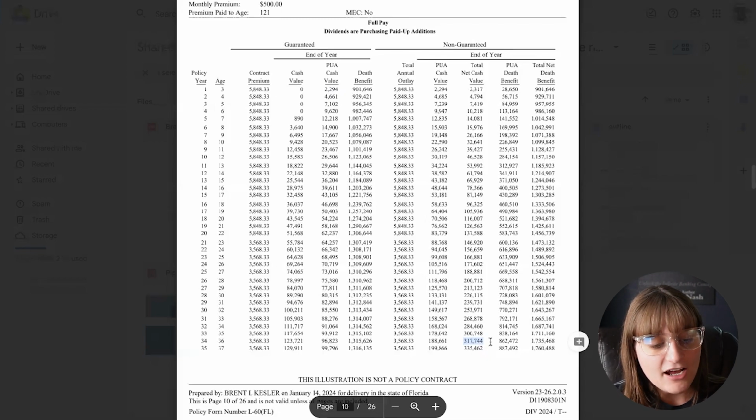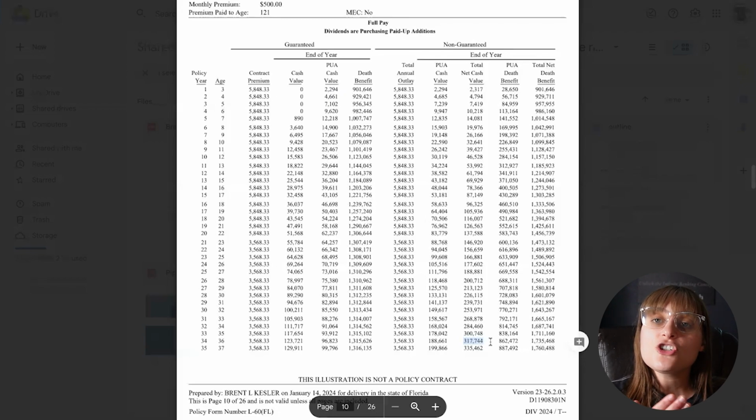I'm no math genius, but I know that if I put $3,600 into something and it grows over 18,000, I mean, that's almost quadruple what she is earning in that policy versus what she even put in as her premium deposit.